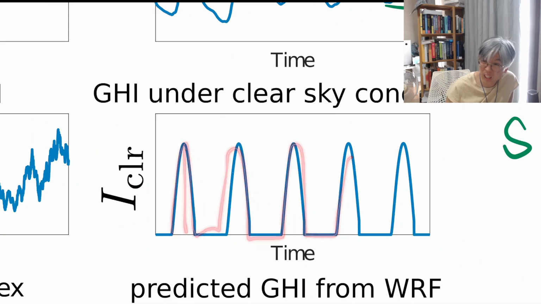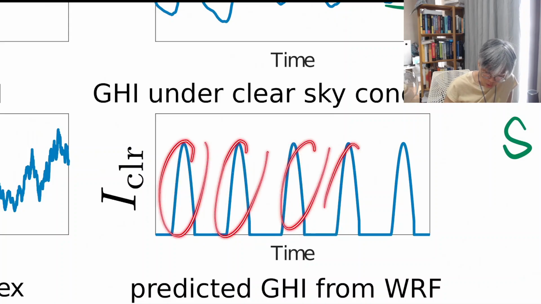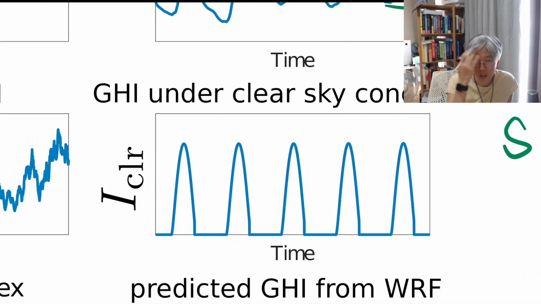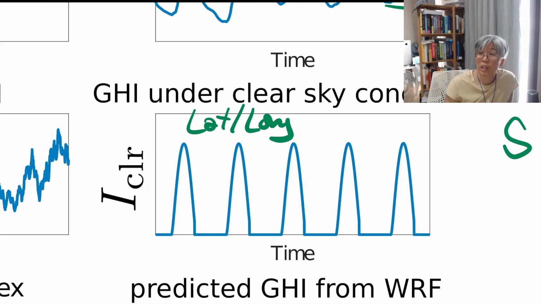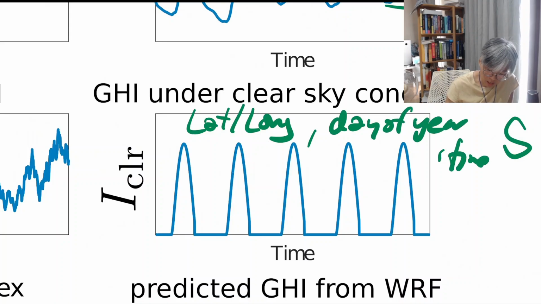At noon you get a peak, but these values on different days are not the same. When you look at the mathematical model, the input of the clear sky model highly depends on your location, lat long, day of year, and time. You need day of year because it gives you the sun path.